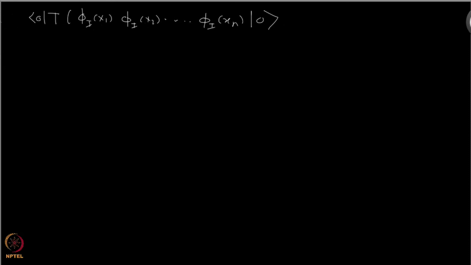If we can calculate this, we know how to calculate our Green's functions. That's what we are going to do. Now we will use our framework of free theory, because we have shown that our phi_I's are exactly the free fields, so we can decompose them as before. So I will write d^3k over (2 pi)^(3/2).